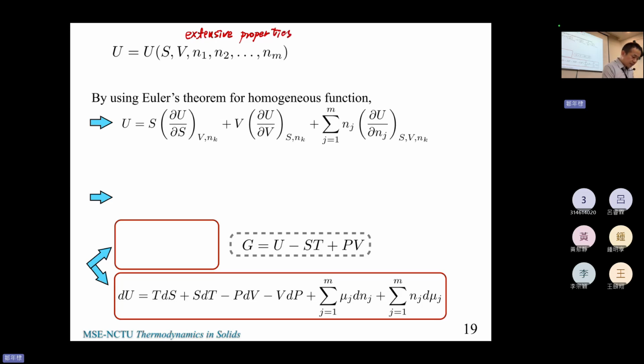Did you notice that every variable in this formula is an extensive property? If you increase the mass, entropy increases, volume increases, n1 increases, n2 increases. So which means that if you increase mass, everything increases. So it is an extensive property everywhere in this form.